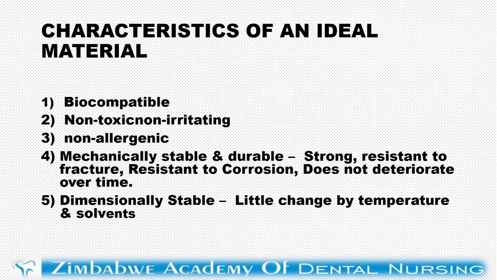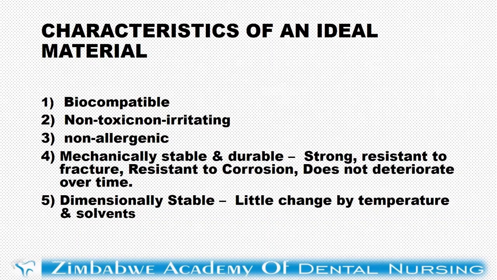These things are important because you don't want to repair a tooth, to do a filling on a tooth, then weeks or months down the line, the filling has shrunken, or it has cracked, or it has changed color, and all those other things. A dental material must be stable dimensionally.